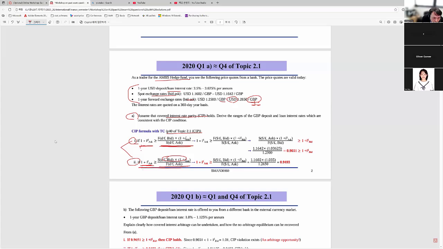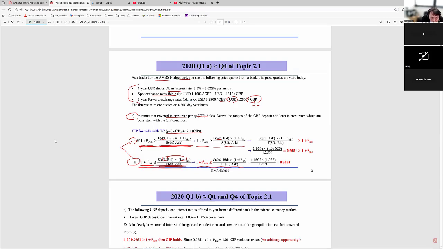So given these two inequalities, we use pound instead of F and dollar instead of D. So we have two CIP formulas here. Given these two CIP formulas, now you can plug in all the numbers available in these questions.